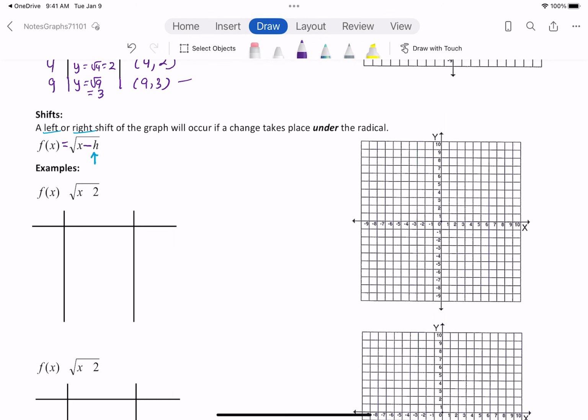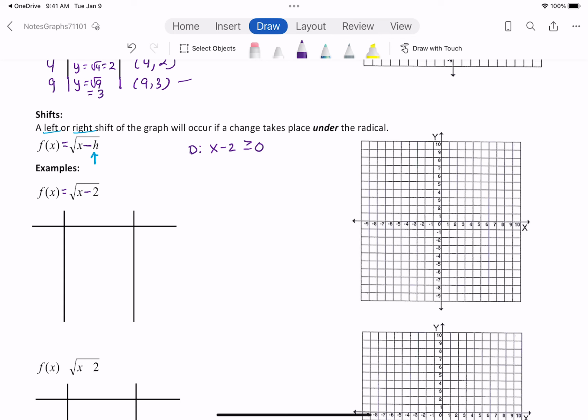This one is supposed to be f of x equals the square root of x minus 2. Okay, so just like the first one, I need to determine the endpoint, and we can do that most easily by first determining the domain. So remember, we take the expression that's under the root, this time it's x minus 2, and we say bigger than or equal to 0.